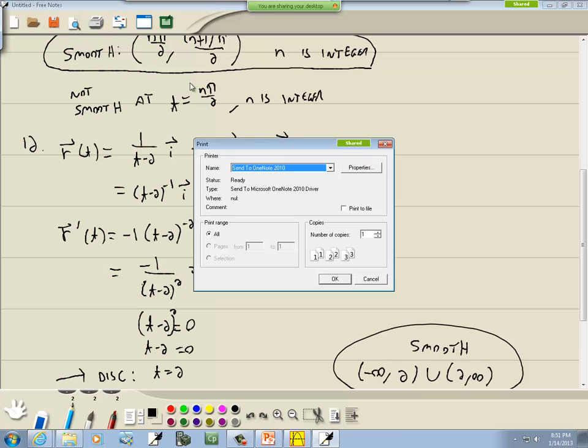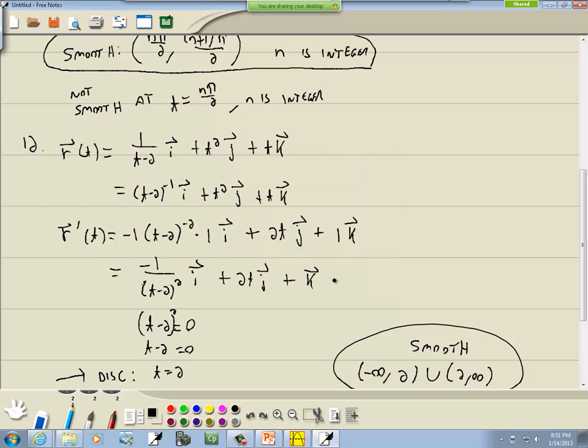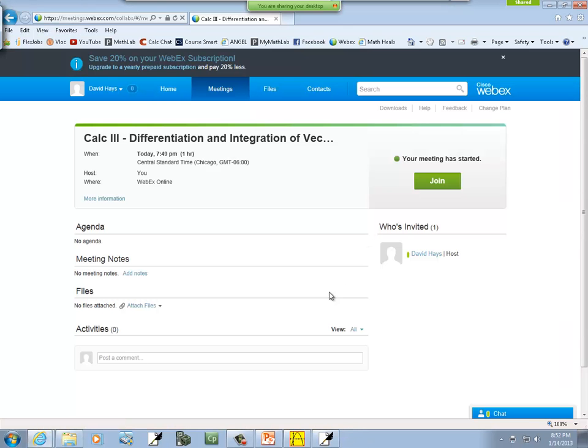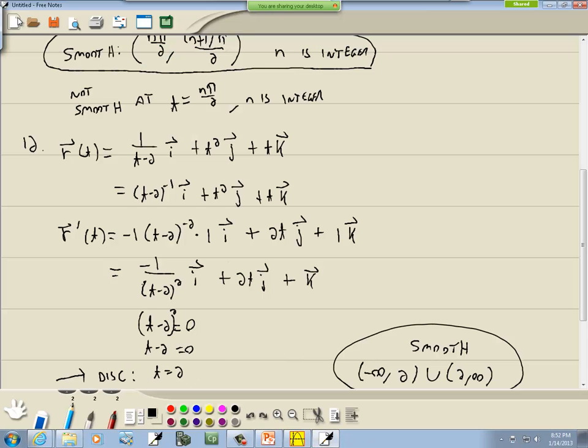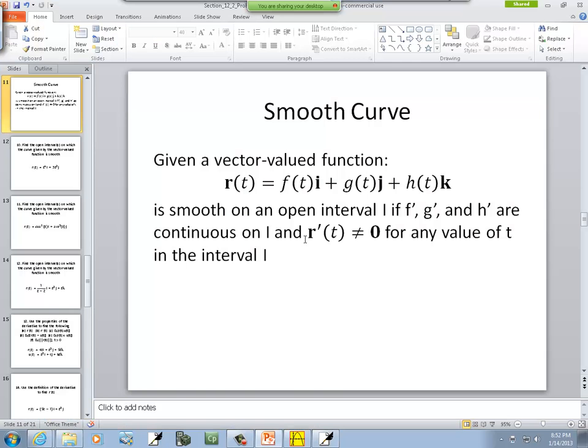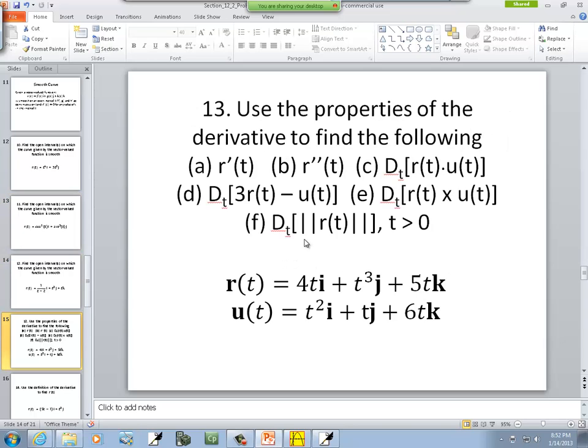Let's save this. And let's look at our next problem. Number 13. I got quite a few things I want us to find here.